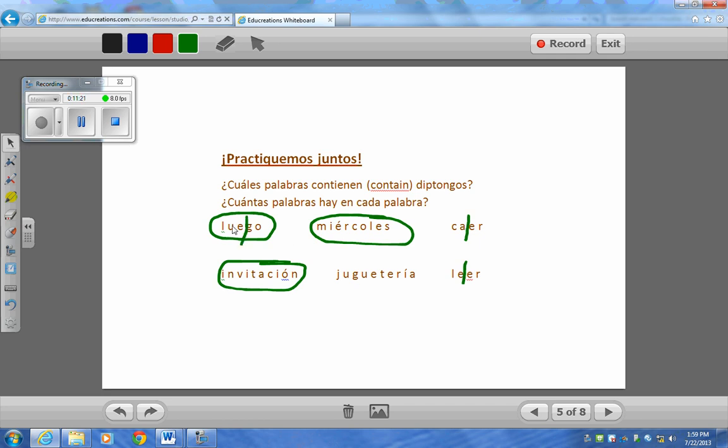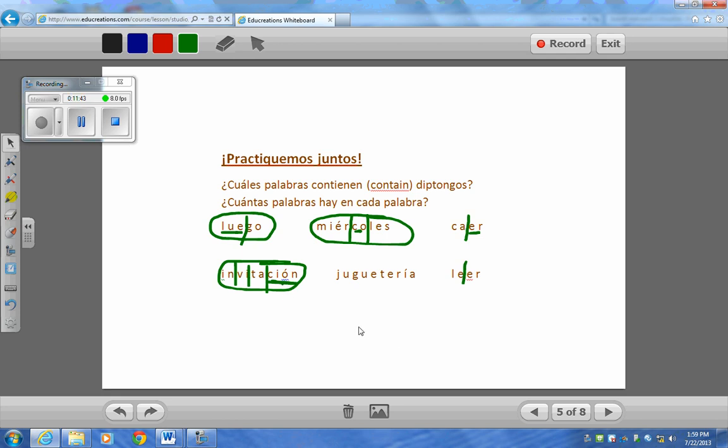Luego. And we stress here. Mier, again, it stays together because the accent's not on the weak vowel. Co, les, stress here. Caer, two syllables, stress here. Invitación. This all stays together, stress here.